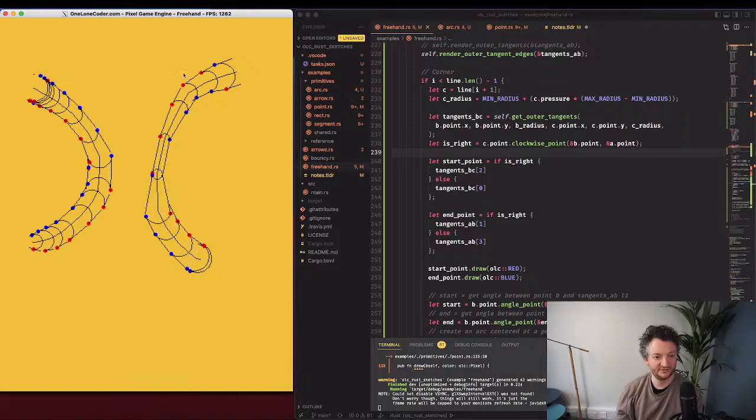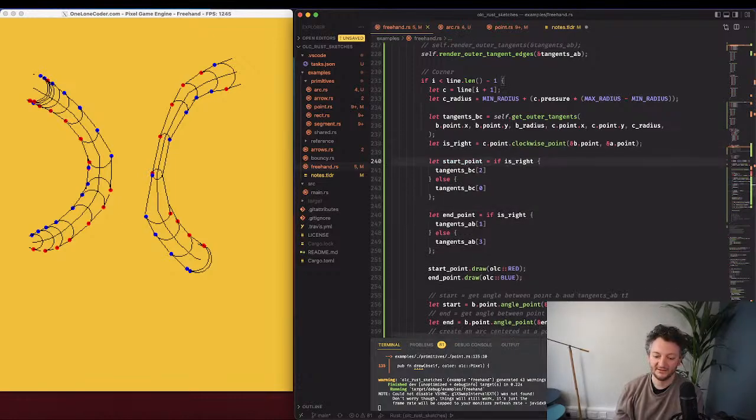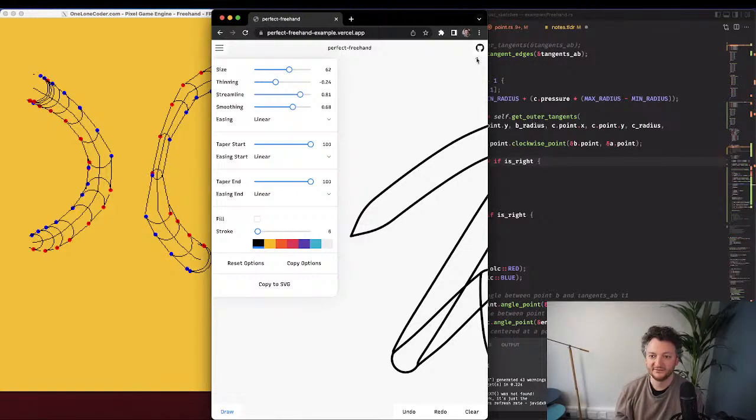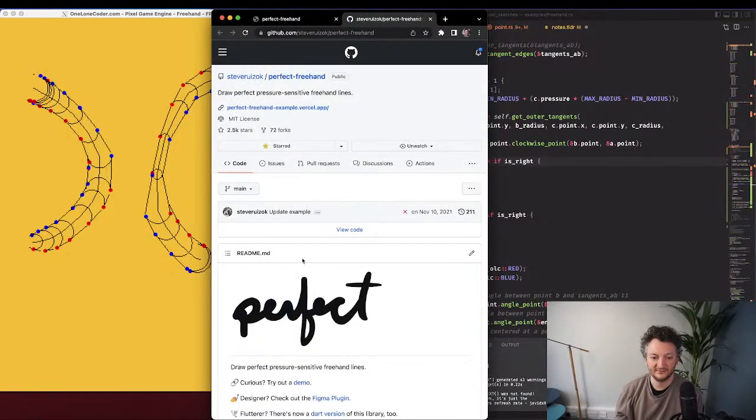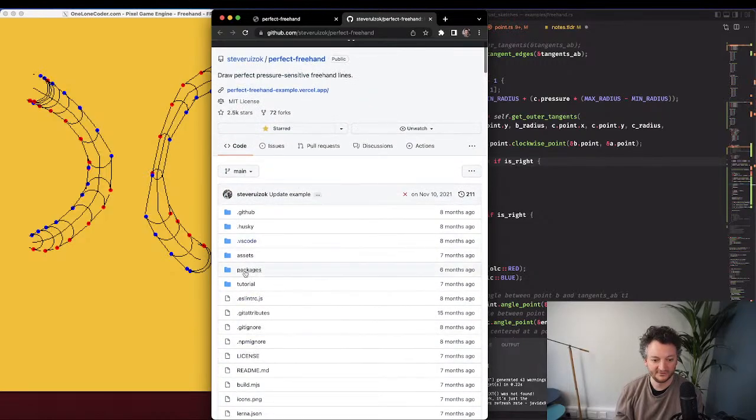And some of these are wrong. I think I still have my logic wrong here. Hang on a second. I need to pull up perfect freehand. See how I did this, of detecting like a left or right turn.